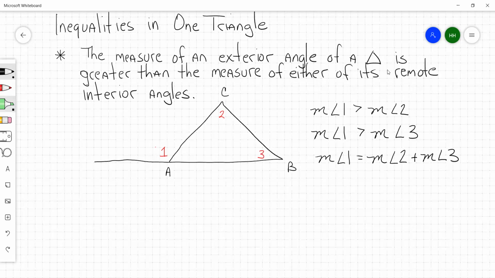This exterior angle is equal to the sum of these two angles. And since it's equal to the sum of those two angles, it has to be greater than both of them.